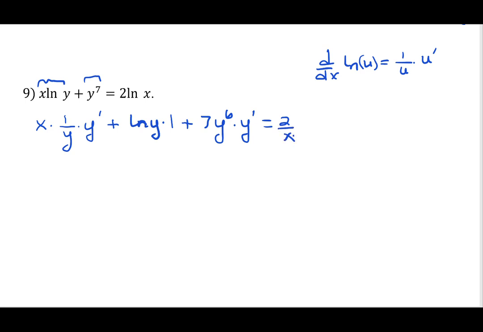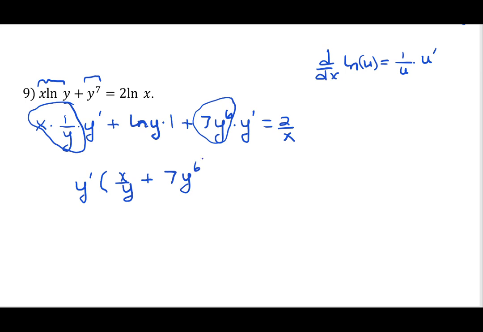So we're going to follow the same principle as always. Since there's 2 y primes on the left, let me put them on the same side. And while I do that, I'm going to factor out the y prime from those two. So from the first one, we have basically x over y. And from the other one, 7y to the 6. There's a plus in the middle. On the right side, we already had 2 over x, and subtract the ln y.